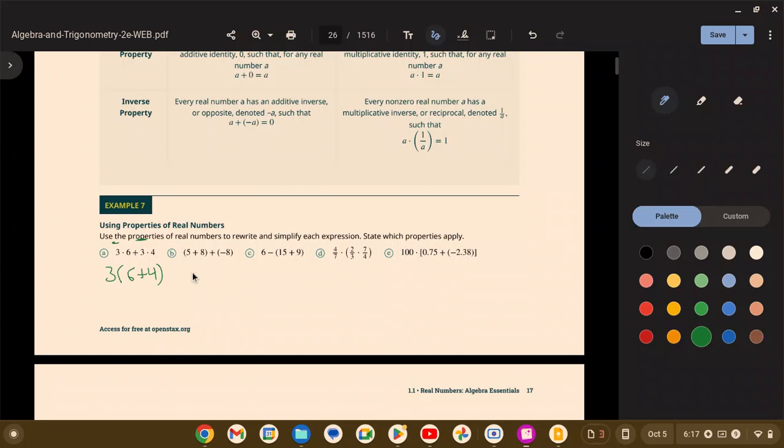We can use the associative property. So we can put 5 in its own parentheses. And that's going to be the plus, and then 8 minus 8. That's just going to be 5.